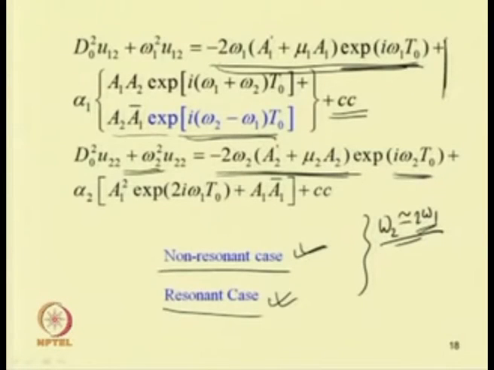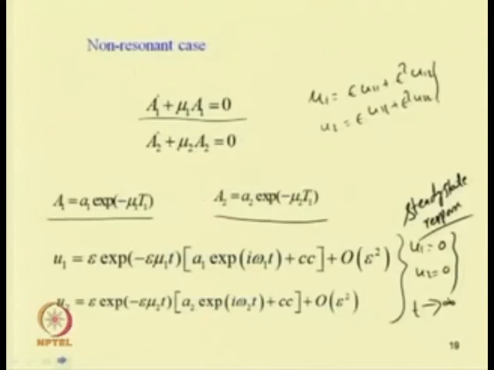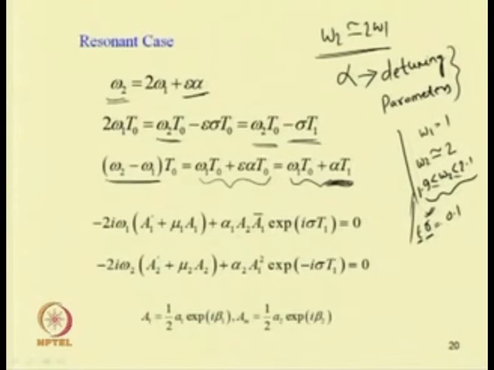from this first equation, we can write minus 2 omega 1 a 1 dash plus mu 1 a 1 should be equal to 0, plus the additional term alpha 1 a 2 a 1 bar e to the power I sigma T 1.